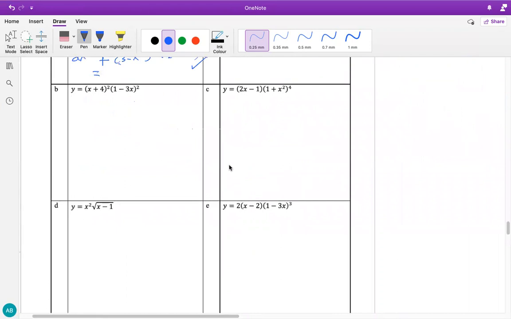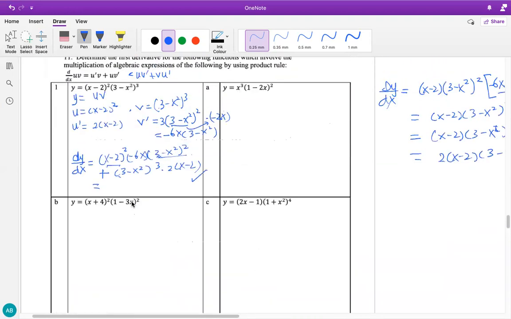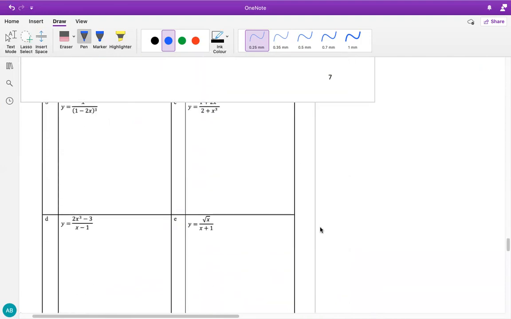So here, this one you need to change into x squared and then (x minus 1) to the power 1 over 2. Okay, then you can start to do. Right, so you can try A, B, C, D, E, for those who have not yet tried.